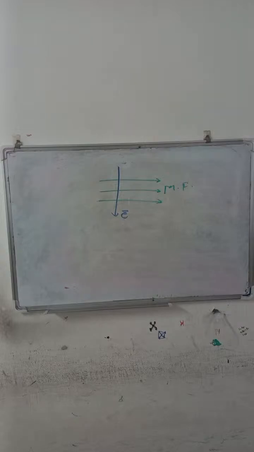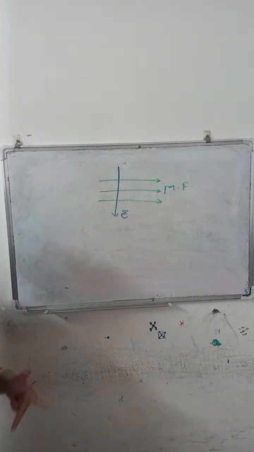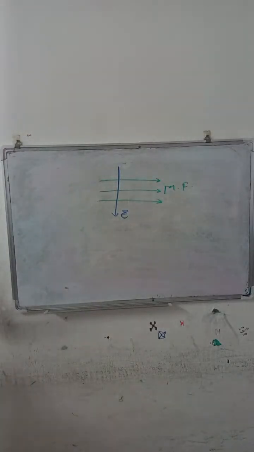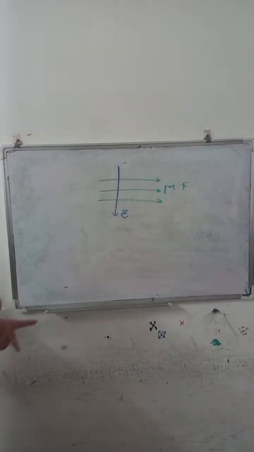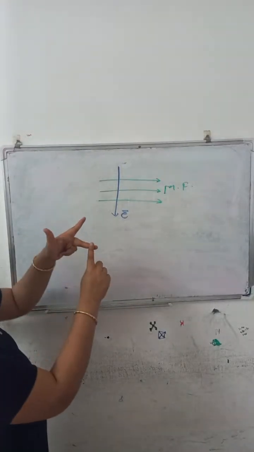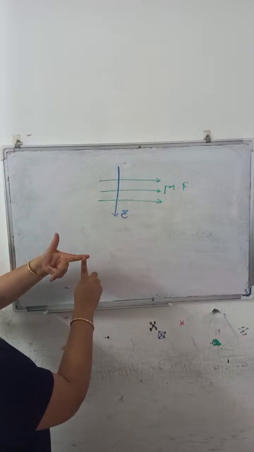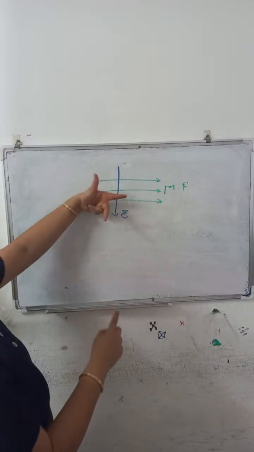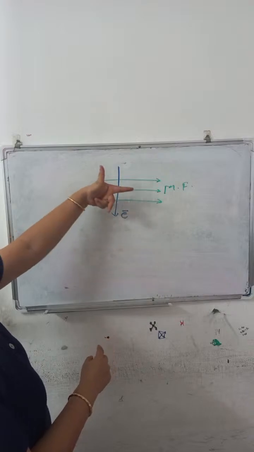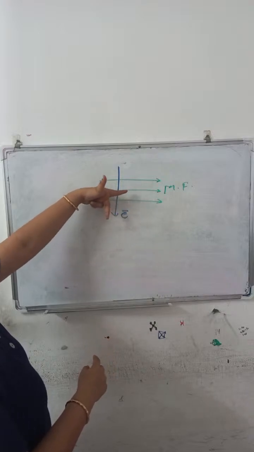Has anyone got it? Check. Here the current is flowing, correct? Current flow is nothing but the movement of electrons, no? So electrons constitute the current. Remember, the middle finger shows the direction of current, and the index finger gives the direction of the field.